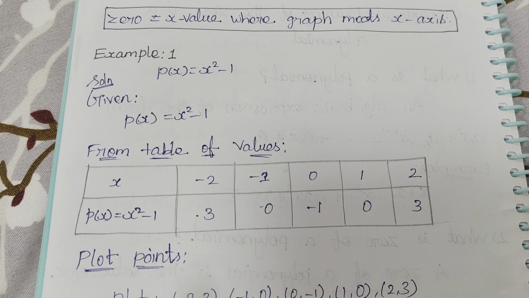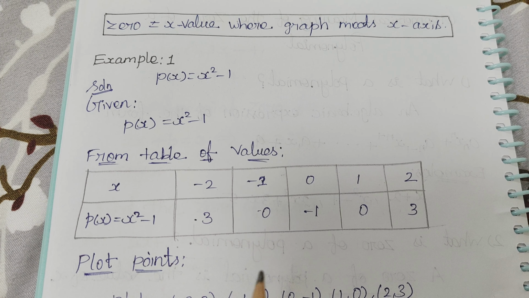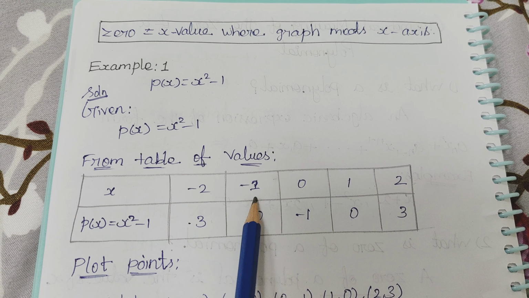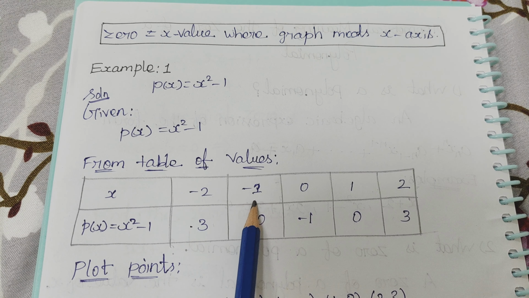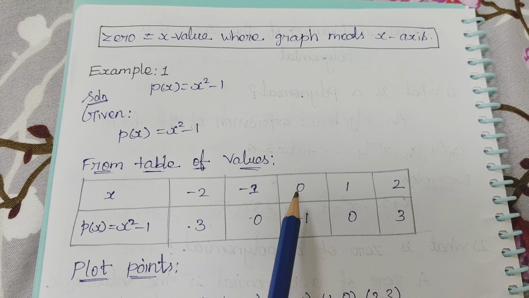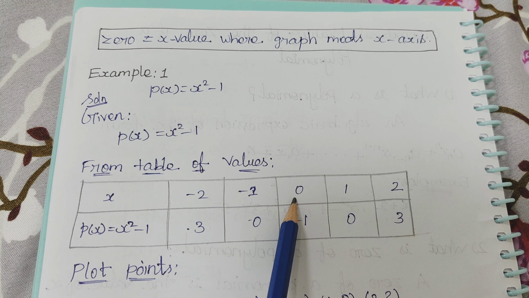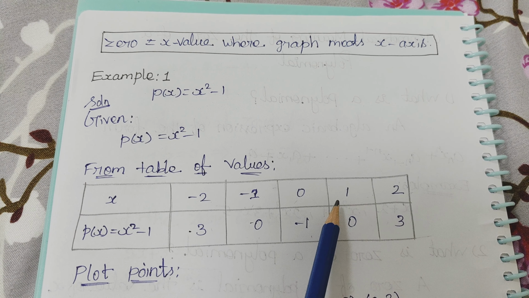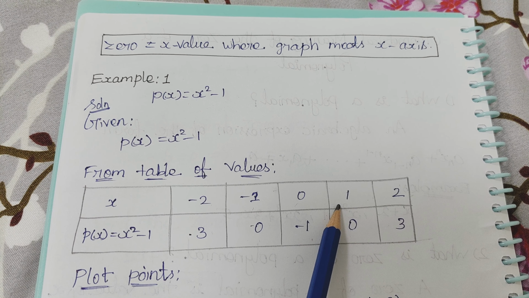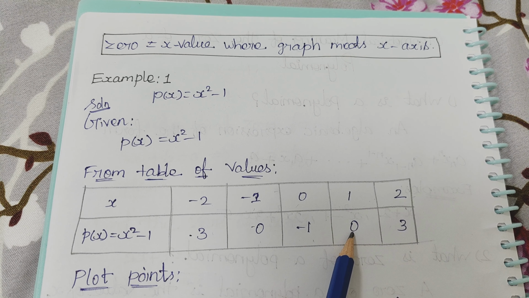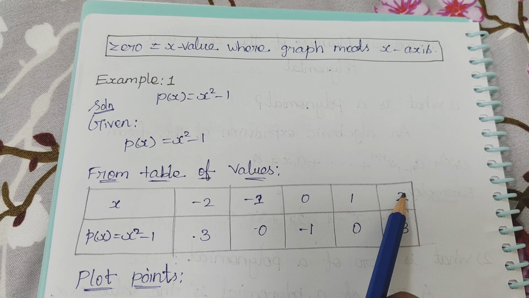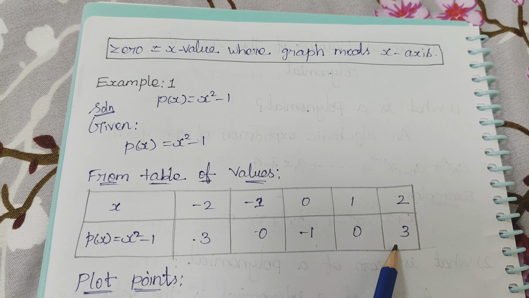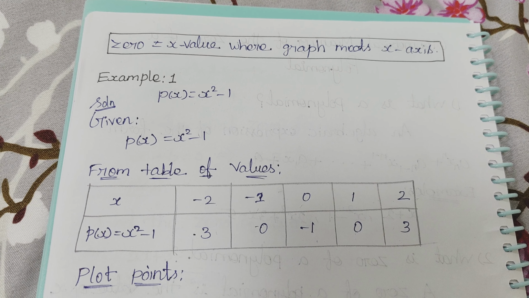So when x equal to minus 2, we get p of x equal to 3. When x equal to minus 1, we get p of x equal to 0. When x equal to 0, we get minus 1. When x equal to 1, again p of x equal to 0. And when x equal to 2, p of x becomes 3.